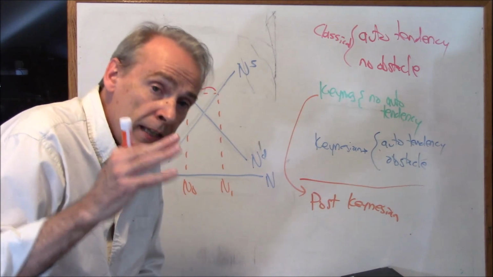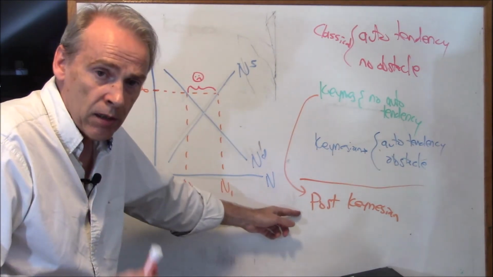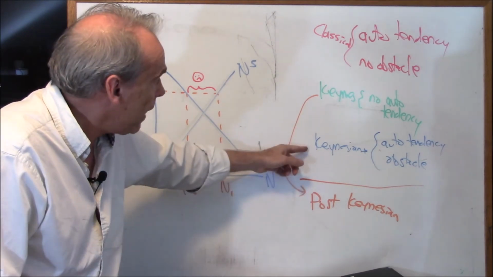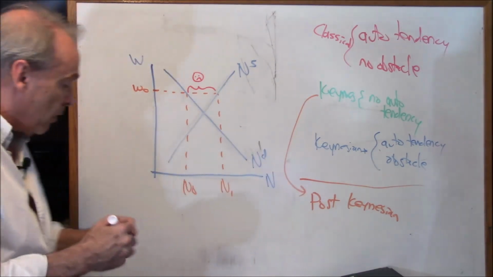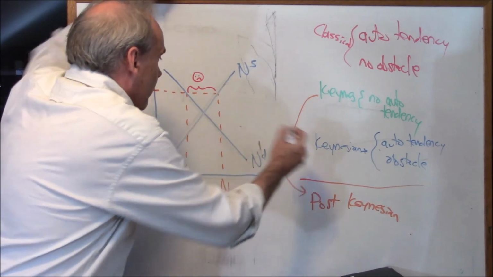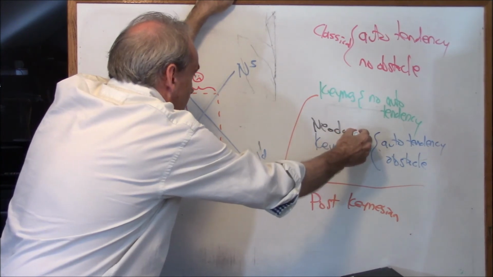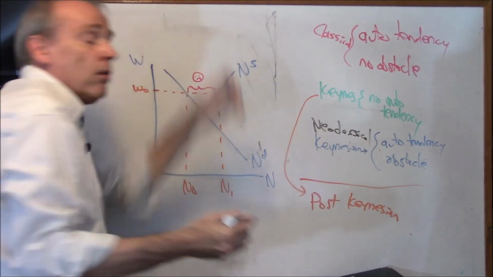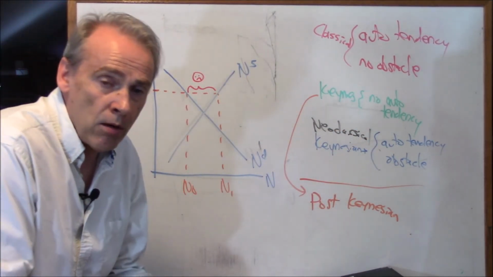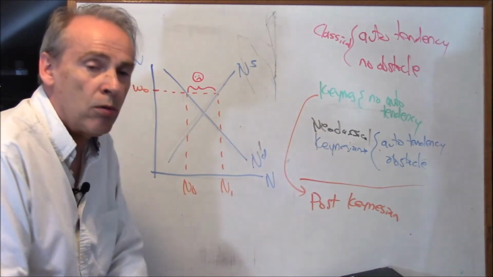And so modern Keynesians are not followers of Keynes. Modern post-Keynesians are followers of Keynes. But modern Keynesians are really, and in fact, the more proper name for Keynesians is neoclassical Keynesians, right? They are neoclassical Keynesians. They are people who combined those two schools of thought.